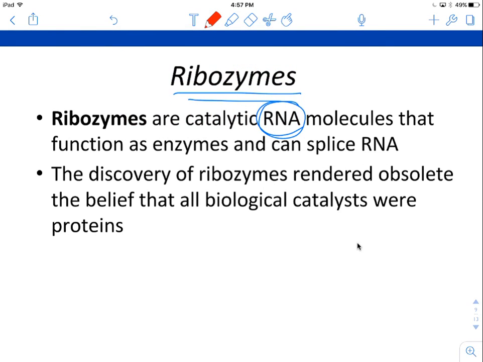So ribozymes are RNA molecules that have catalytic activity and can behave like enzymes. And these ribozymes are the lariats. A lot of times these lariats that are cut out of the mRNAs, these introns, can serve as ribozymes. So it's kind of cool.